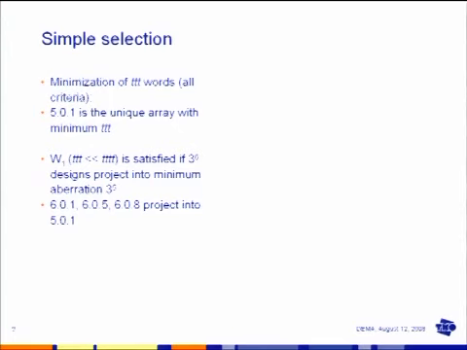All three optimality criteria for blocking, as you may remember, insist that first of all the number of pure three-letter words should be minimized. And this is achieved if we want to arrive at a 5-factor design, and we use a 6-factor design.